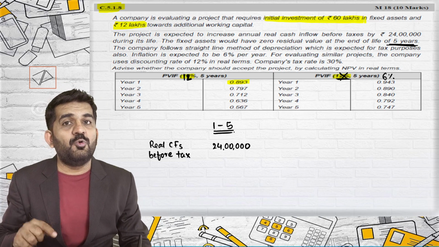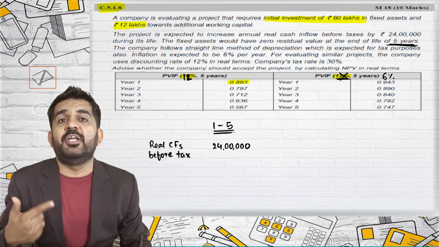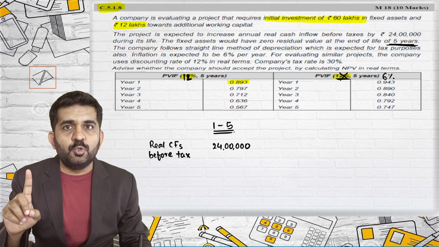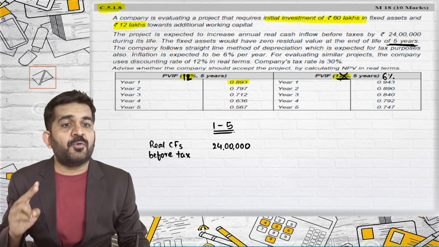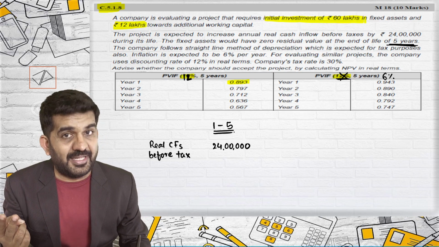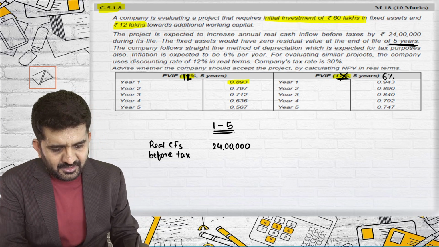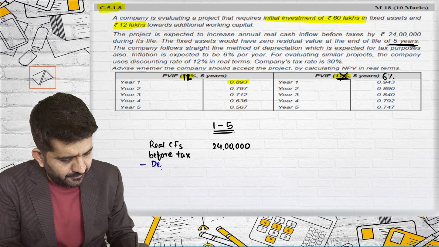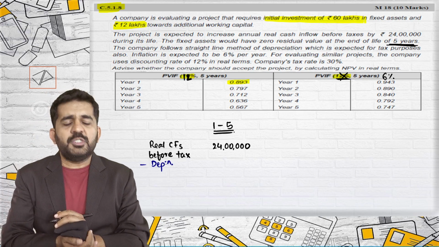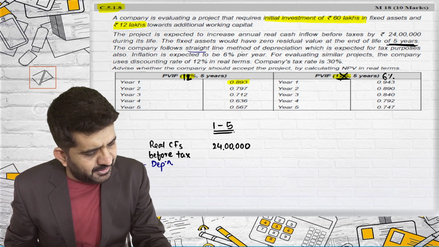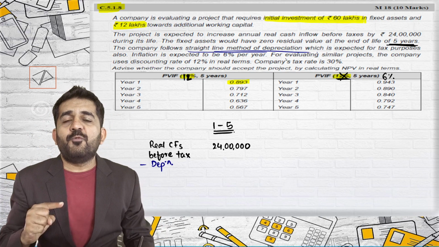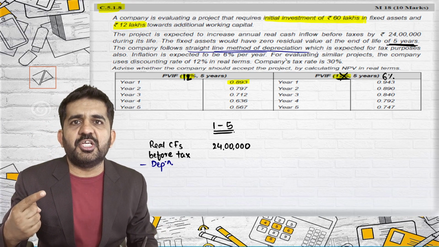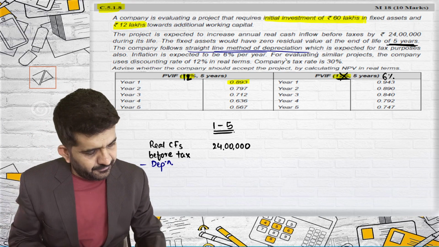So for finding out real tax, first we will have to deduct depreciation. I can do this in two manners, as this is the first question. I'll be doing it by both the methods. First, I am deducting depreciation. Now sir, depreciation is by straight line method. Yes. So for all 5 years, the depreciation is going to remain same.